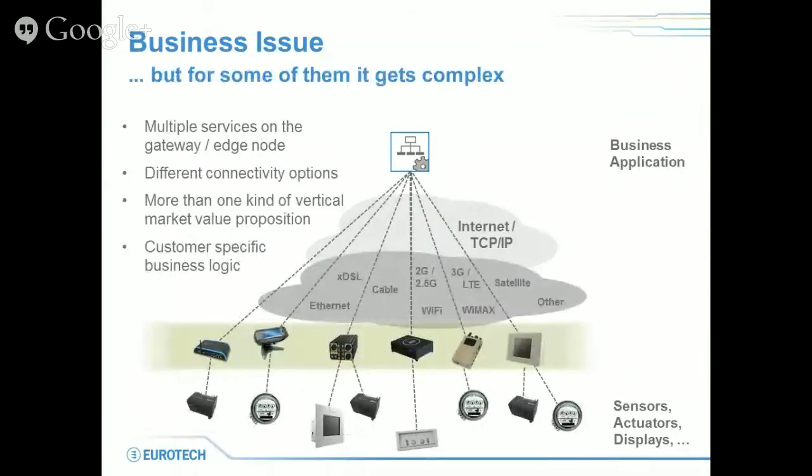But then after you do more software applications like that, you realize that a single gateway is connecting more sensors with different protocols and different connectivity options, so radio protocols, Wi-Fi, cellular, cable, with more than one kind of vertical market business application that has different business models behind, and then with customer-specific business logic cabled into the source code.